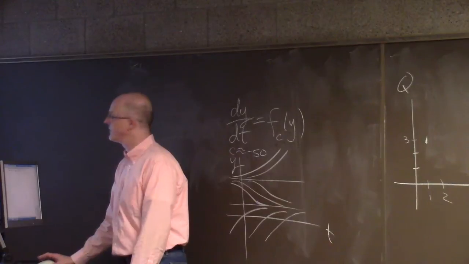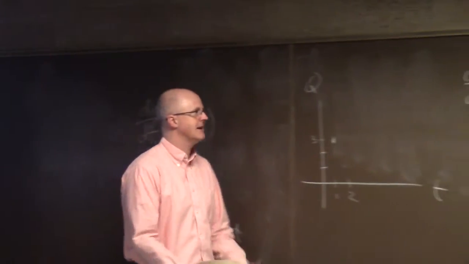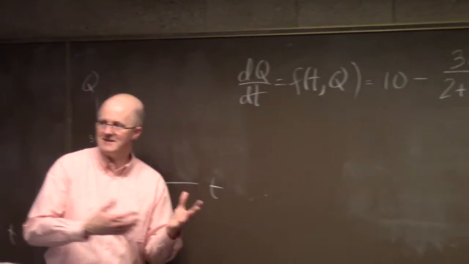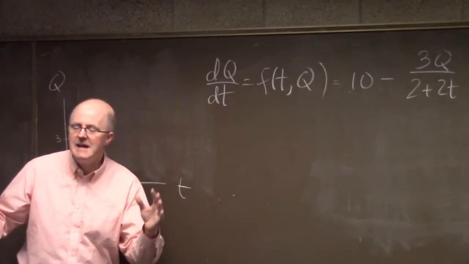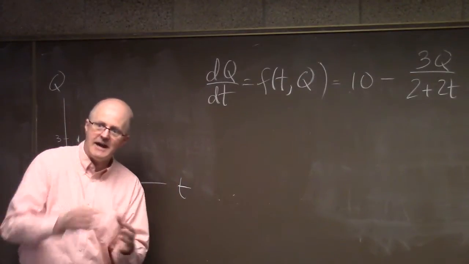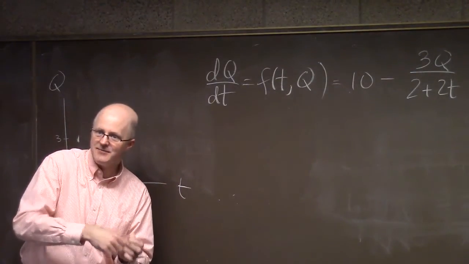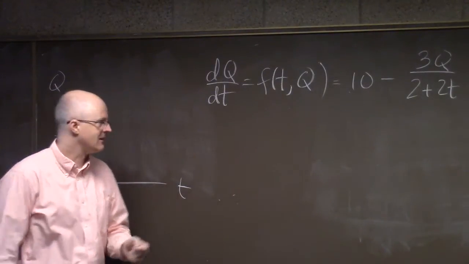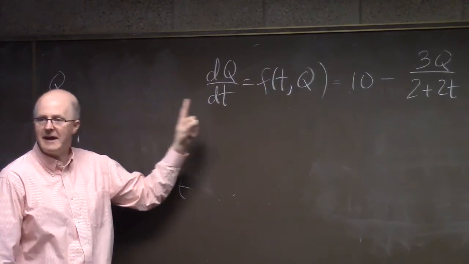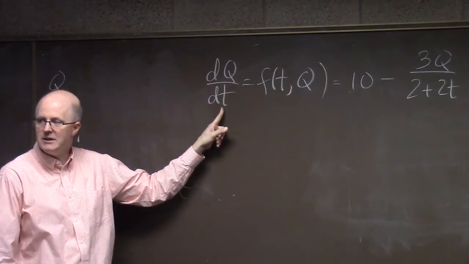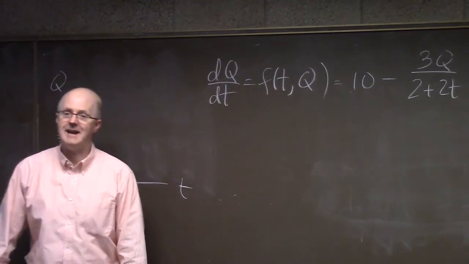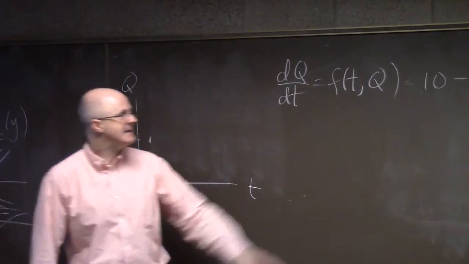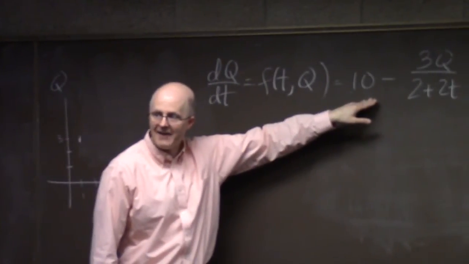Solutions have to follow the slope field. In effect, what this differential equation is, here's me pretending, what the differential equation is communicating with the solution is, follow the slope field. Make sure you follow those little line segments in such a way that your derivative, dq/dt, your slope at any point t comma q, is given by the output of this function at that point.